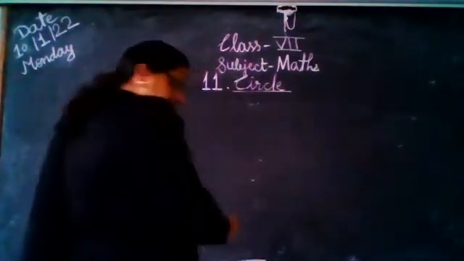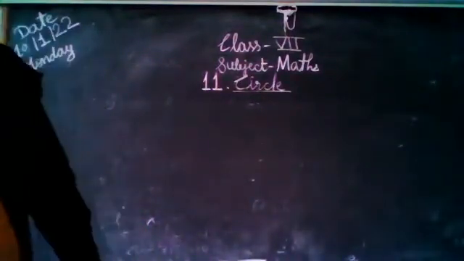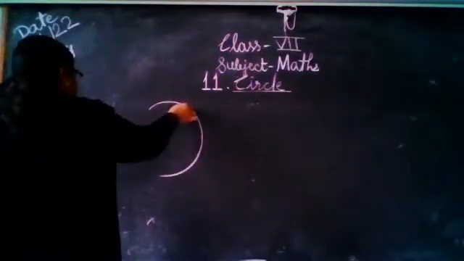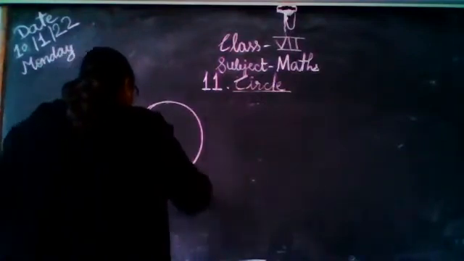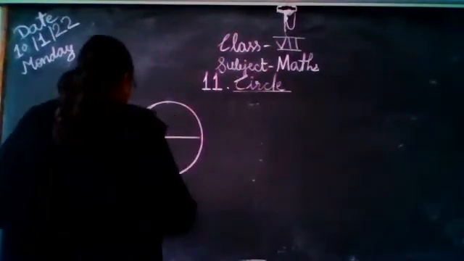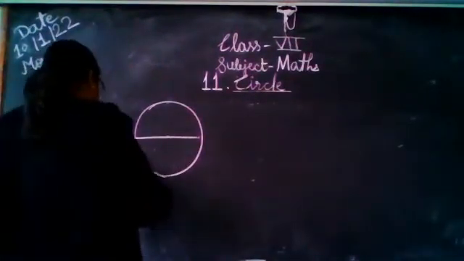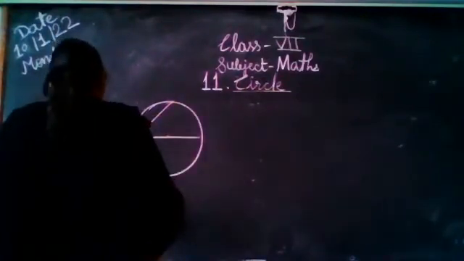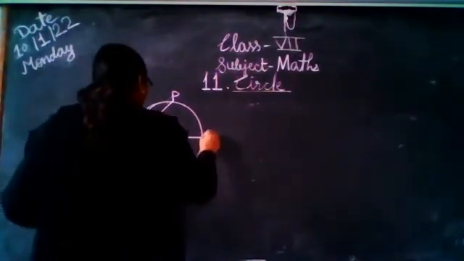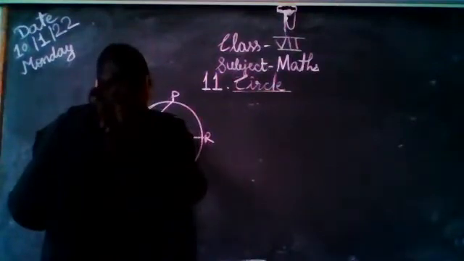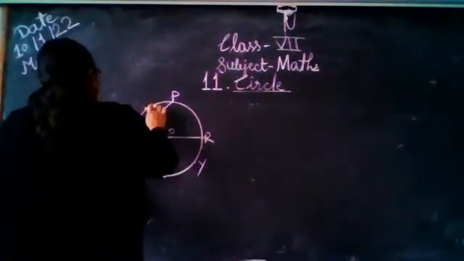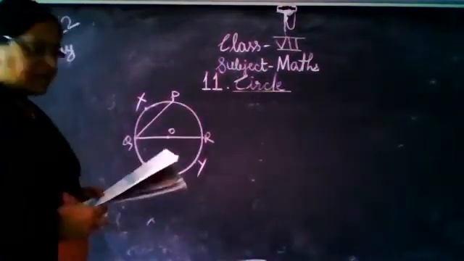One figure is given, with P, Q, R, O, Y, and X. So it is the given figure.